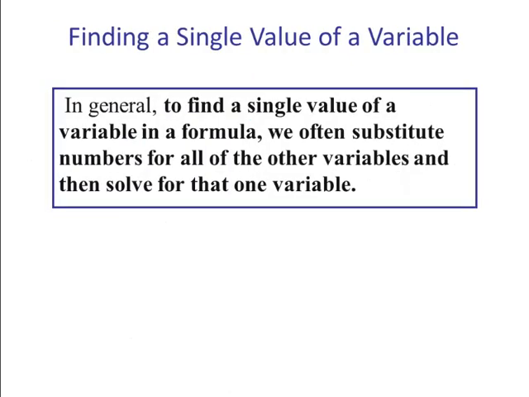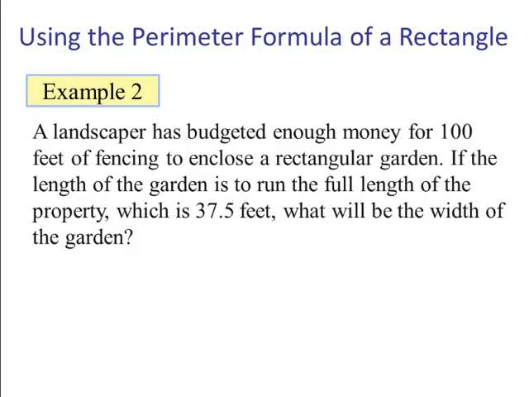In general, to find a single value of a variable in a formula, we often substitute numbers for all the other variables and then solve for that variable, just like we did in the previous example. Example 2. A landscaper has budgeted enough money for 100 feet of fencing to enclose a rectangular garden.